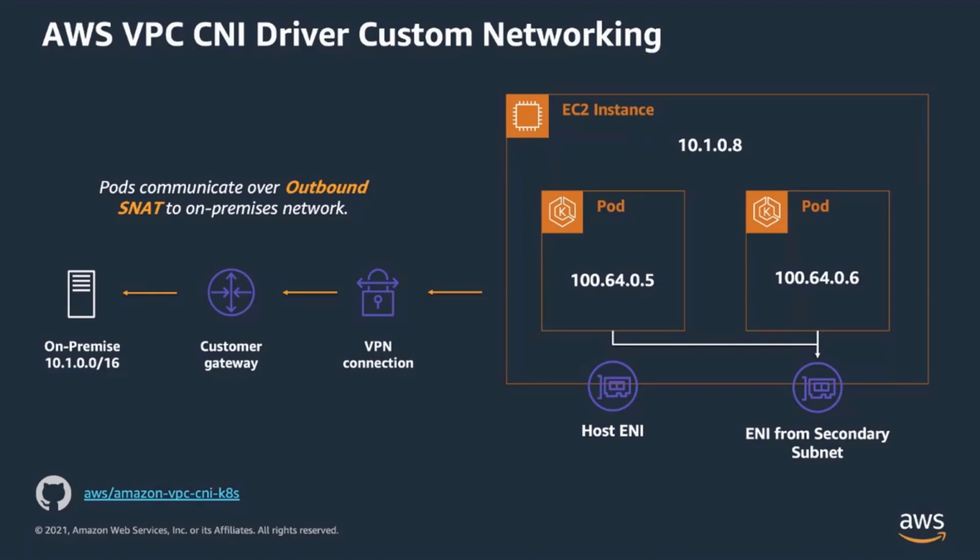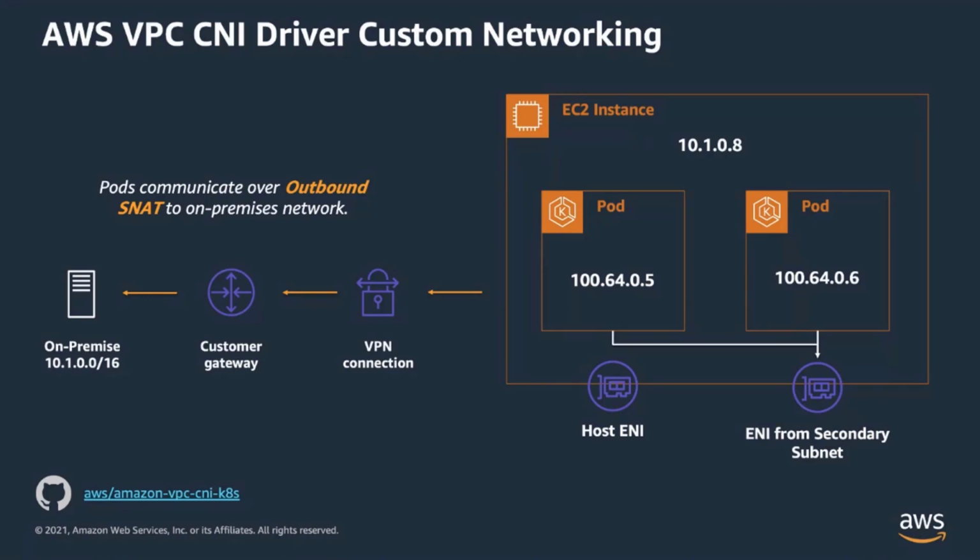And that's what's illustrated on this slide. The host is on the 10.1 network, while the pods are on the 100.64 network. And this can be really beneficial when you have limited address space. Sometimes this is the case if you use Direct Connect or VPN to an existing on-prem environment.